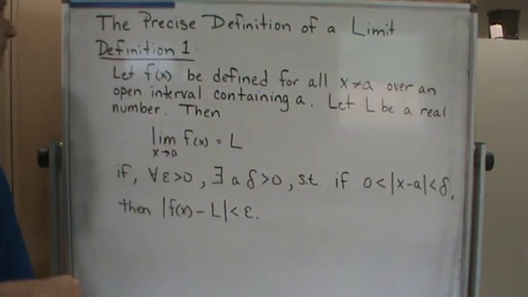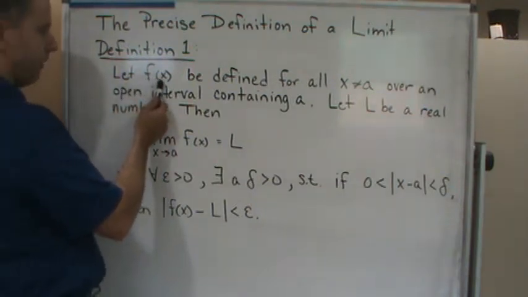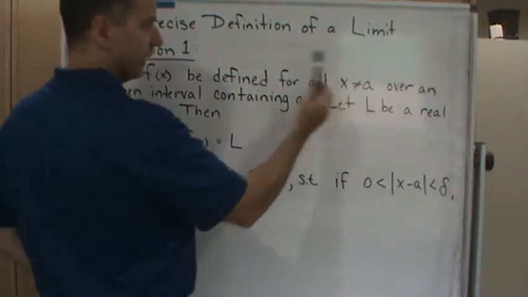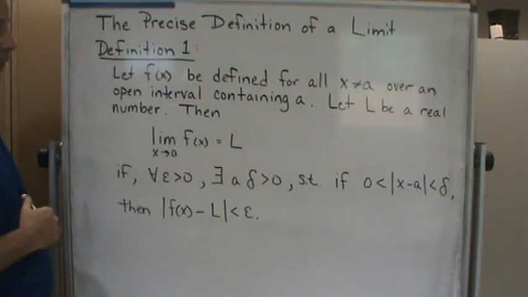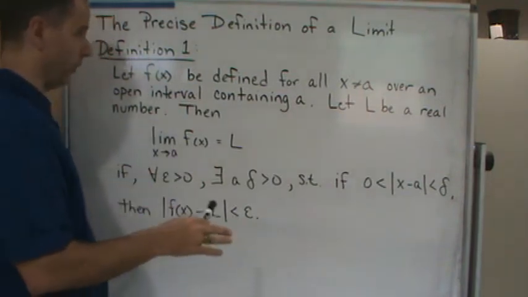Okay, so here it is. What this is saying is: let f of x be a function that's defined for all x not equal to a over an open interval containing a. Again, nothing different than we haven't seen before.